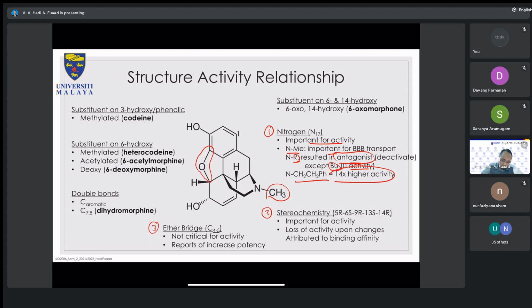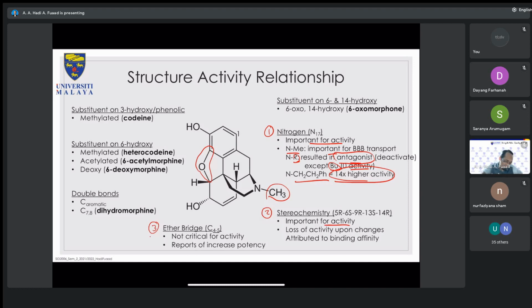Stereochemistry is very important for activity. If you change any of the stereochemistry from R to S, total loss. There won't be any activity altogether. From there, you can say that the endorphin receptor has a certain shape. Once you change the stereochemistry, you change the structure of the morphine a little bit, and thus it will not bind on the receptor as it should.